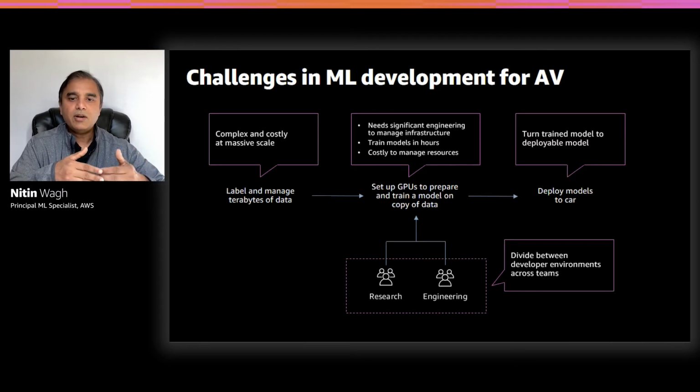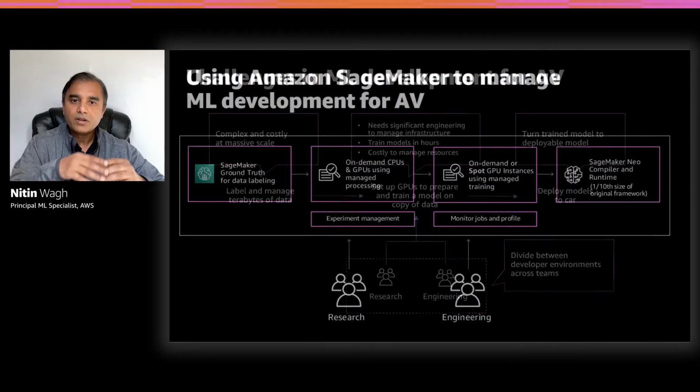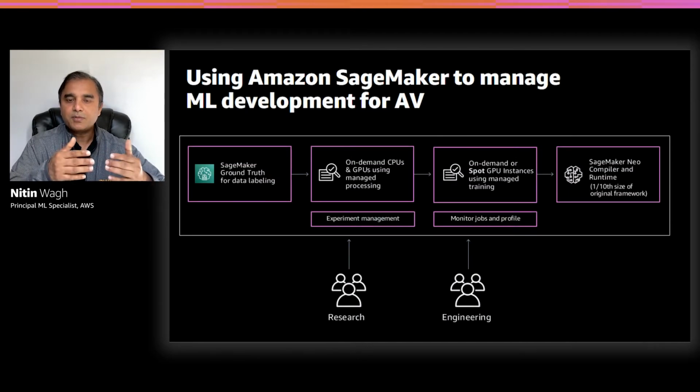So let's see how Amazon SageMaker can help you overcome these challenges. Amazon SageMaker is a managed machine learning service adopted by many AV, ADAS, and automotive customers. It eliminates undifferentiated heavy lifting by providing on-demand capabilities to manage the machine learning lifecycle for AV development. To begin with, it provides SageMaker Ground Truth for data labeling for 2D images and 3D point cloud at scale.